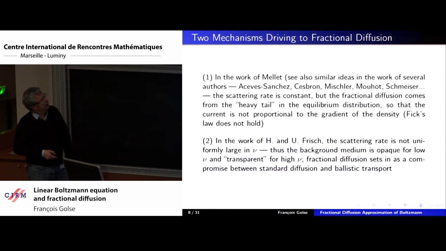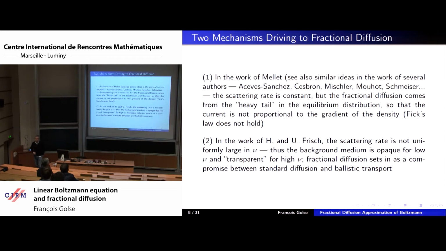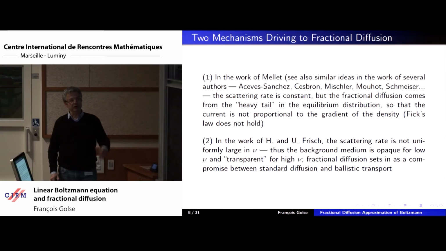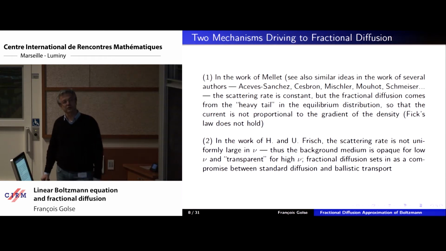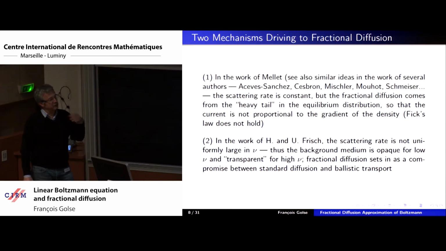Okay, so I summarize on this slide what's going on in these two papers. First, in the work of Mellet, the fractional diffusion is produced by the heavy tails in the equilibrium distribution. Whereas in the work of Hélène and Uriel Frisch, the fact that the scattering rate is not uniformly large in nu is responsible for this fractional diffusion.